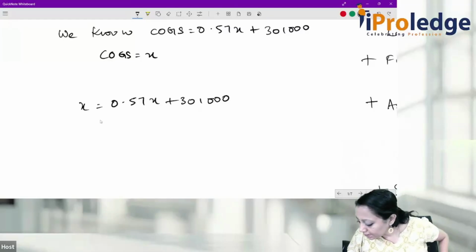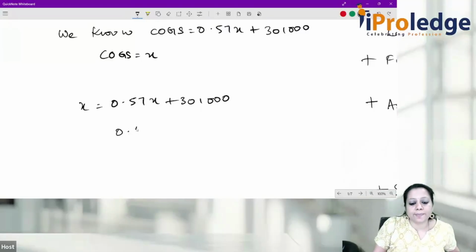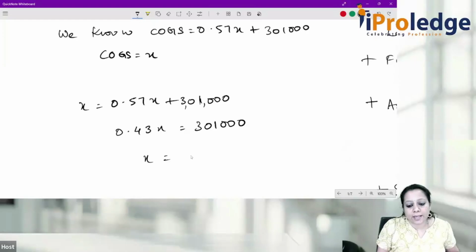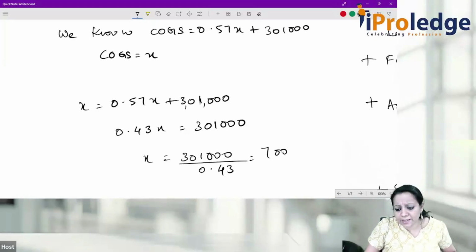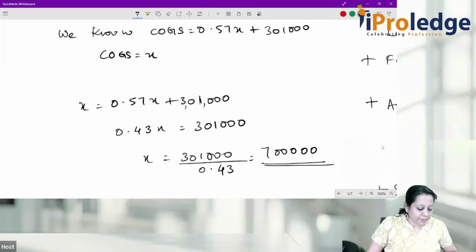So 1 minus 0.57 is 0.43. 0.43X is equal to 3 lakh 1,000, so X is equal to 3 lakh 1,000 divided by 0.43. Just now I got 7 lakhs. That means COGS is 7 lakhs.